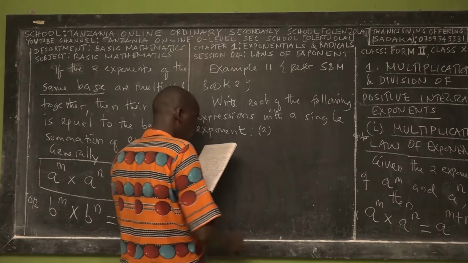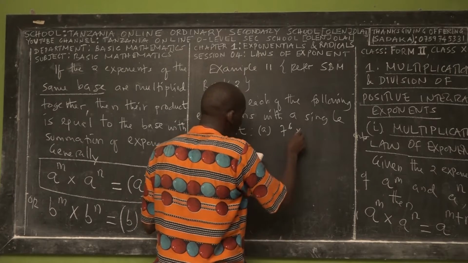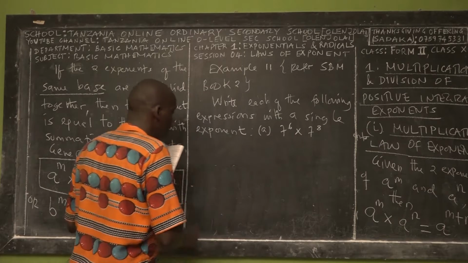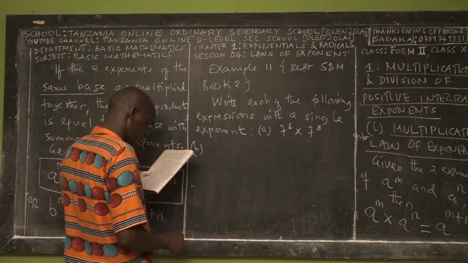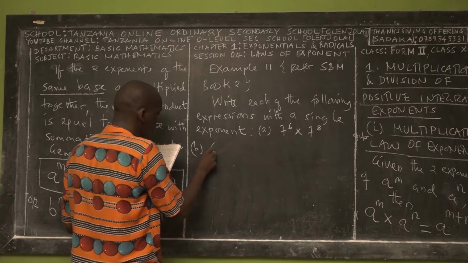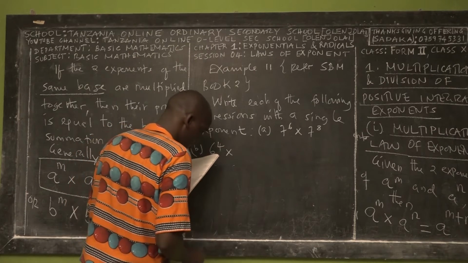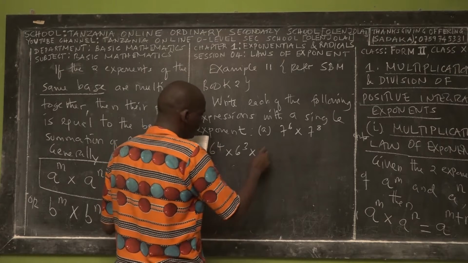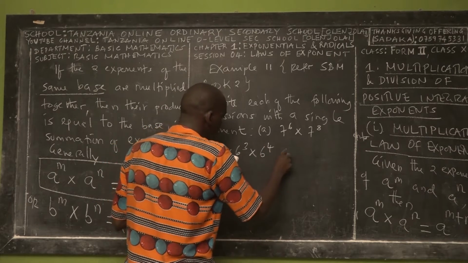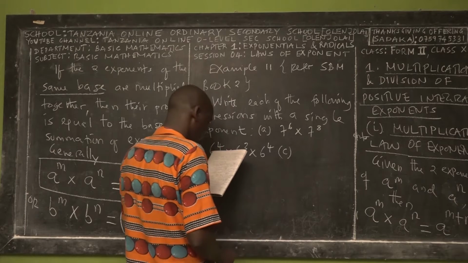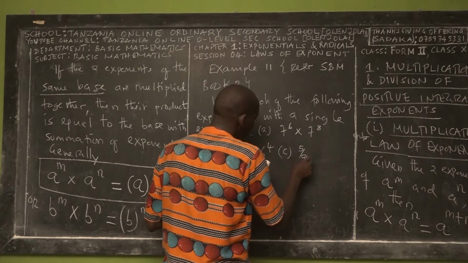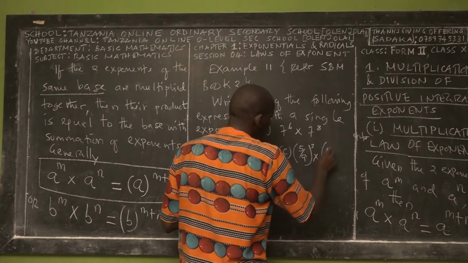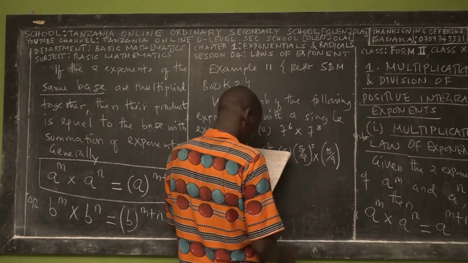A, you have 7 power 6 times 7 power 8. B, you have 6 power 4 times 6 power 3 times 6 power 4. C, you have 5 over 9 power 3 times 5 over 9 power 4.